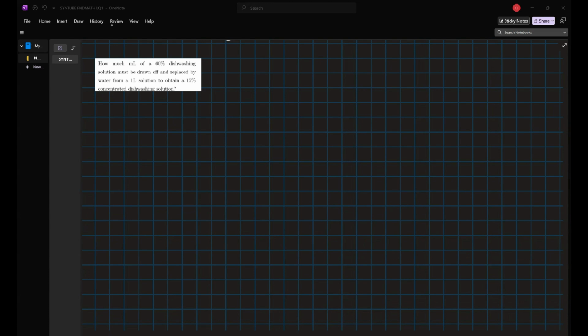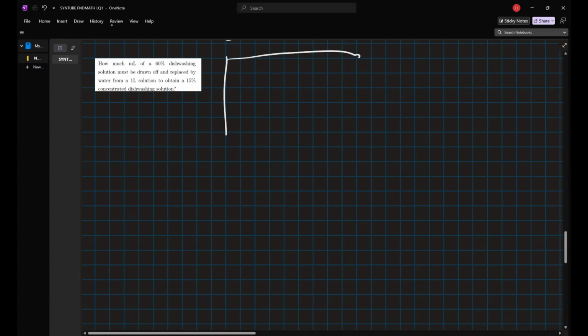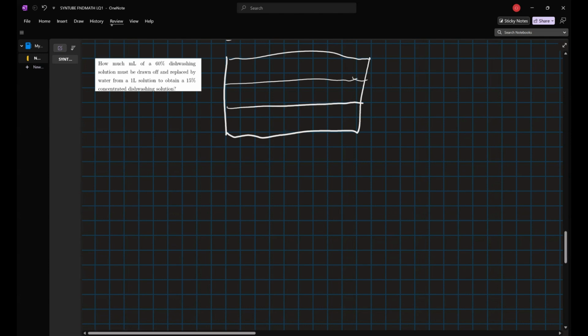So that would give us still the final volume of 1 liter, right? So to make our lives easier, we can just make a table. Here, let's say 1, 2, 3, and then 1, 2, right? So what do we want here?